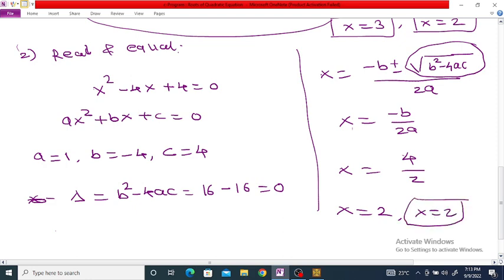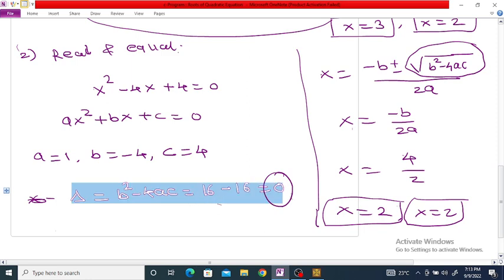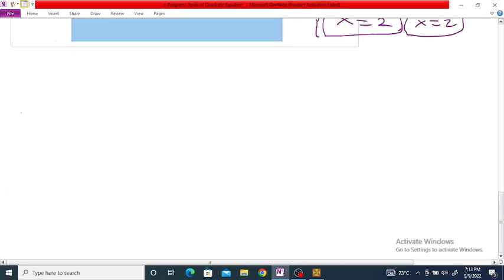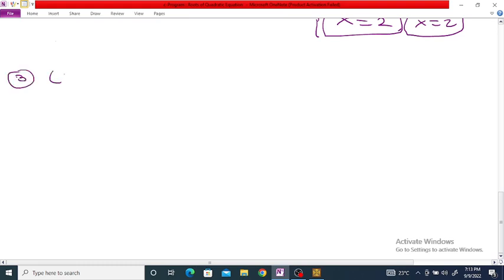These two roots are real and equal. So if our discriminant is equal to 0, then roots are real and equal.